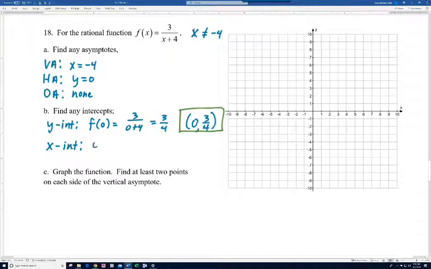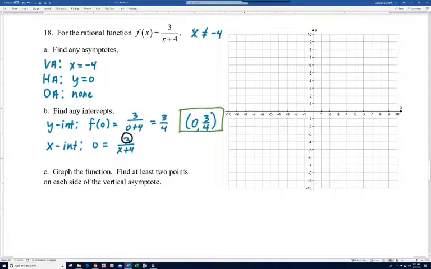And so we're going to get 0 equals 3 over x plus 4. Now you could multiply both sides by x plus 4 and you end up with 0 equals 3, which means there's no solution because you get a false statement. However, remember that a fraction can only equal 0 if the numerator is 0.